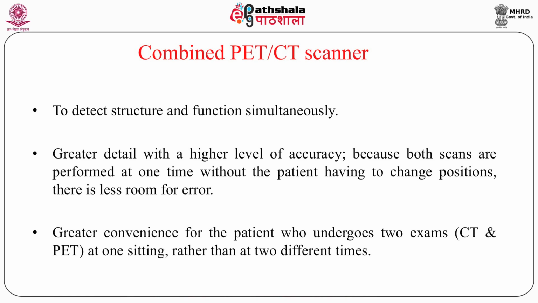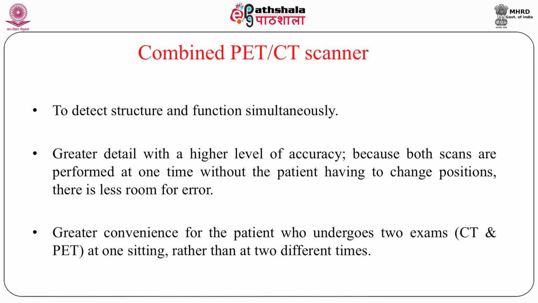Earlier, this was the only approach used. The patient had to go for CT, an anatomical image was created, then the patient was asked to go for PET, where a functional image was created, and in the software, through the handshaking of two different software packages, you superimpose these two images and get one good quality image.